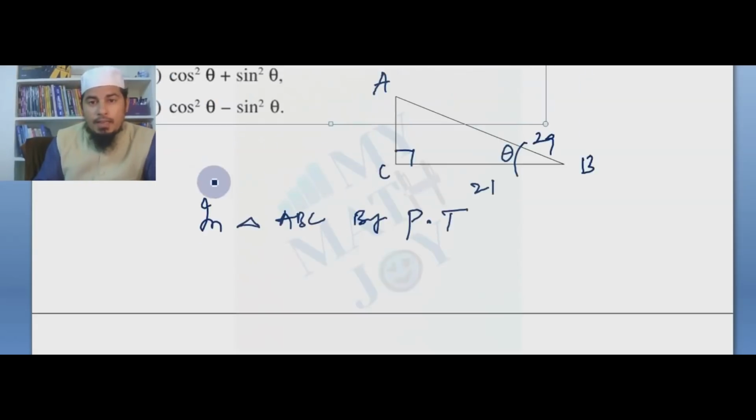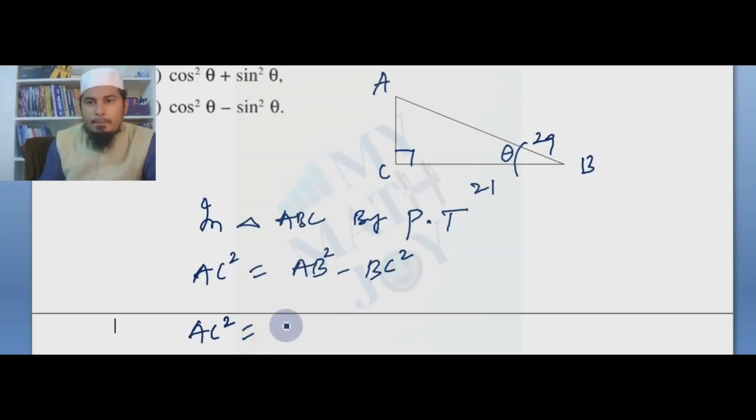So AC square is not the hypotenuse, that is why AB square minus BC square. AB is 29 square minus BC is 21 square.